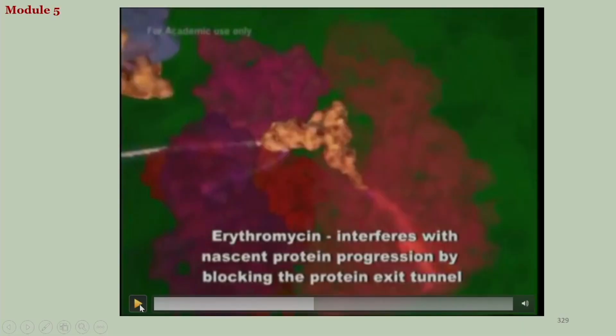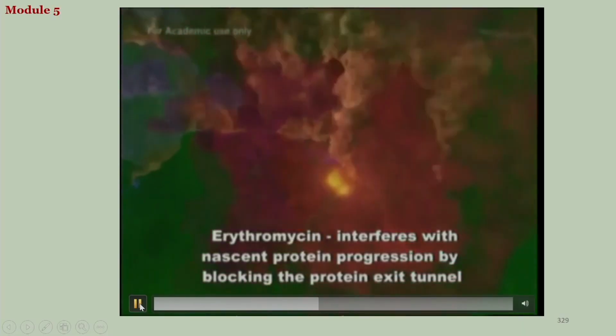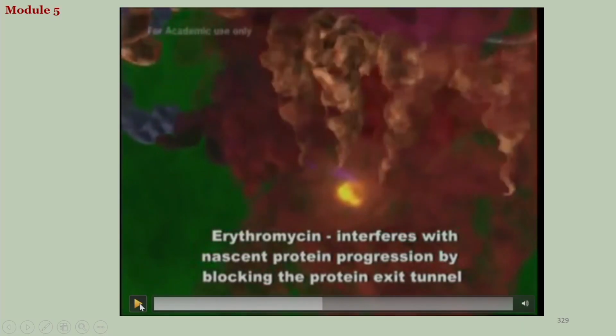So this particular antibiotic blocks the exit channel through which the protein could come. So therefore the protein cannot come out, and eventually it will be destroyed. Here, this is your antibiotic.